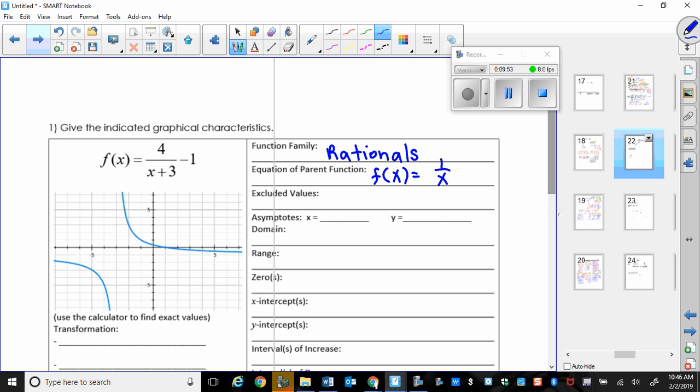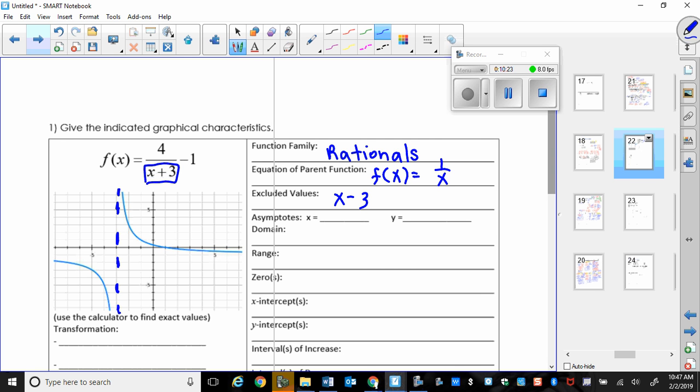I'm just going to identify the first excluded value. You could look at what's in the denominator here. Using that factor, I have an excluded value of x minus 3. I don't really see any holes because I can't cancel anything out.